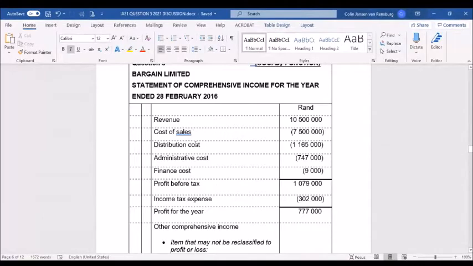So now after that, ladies and gentlemen, you are simply going to disclose your various cost functions besides the cost of sales. Now you remember in this particular question, we said the company identified 2 further cost functions, namely a distribution function and an administrative function, right? And then all those expenses that belong in the distribution function have been allocated to distribution cost. And all those expenses that relate to the administrative function have been allocated to administrative costs.